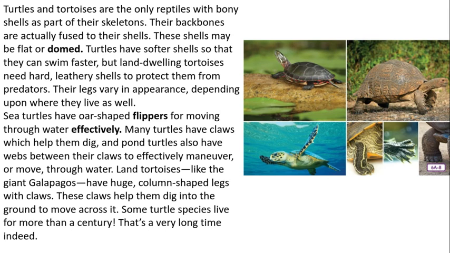Fish with their fins are designed to swim. Land tortoises, like the giant Galapagos, have huge column-shaped legs with claws. These claws help them dig into the ground to move across it. Some turtle species live for more than a century. A century is 100 years. That's a very long time indeed.